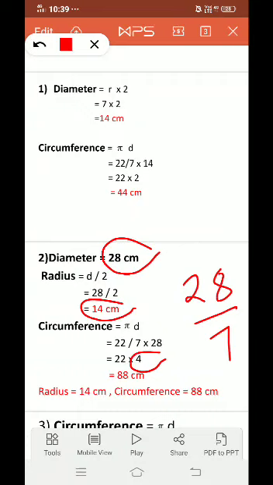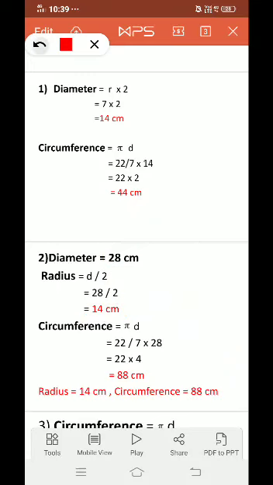That's why 22 into 4, that is 88 centimeter. Means in this sum you are getting radius 14 centimeter and circumference 88 centimeter. Okay, is it clear to you, students?